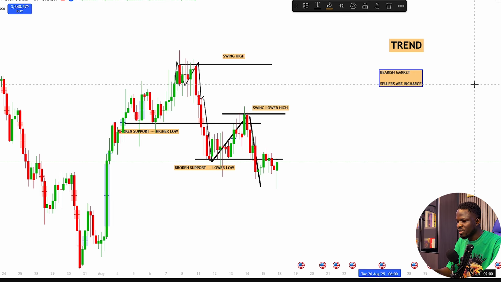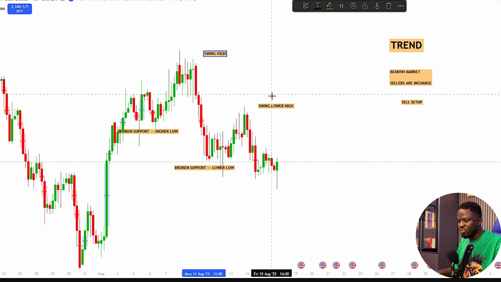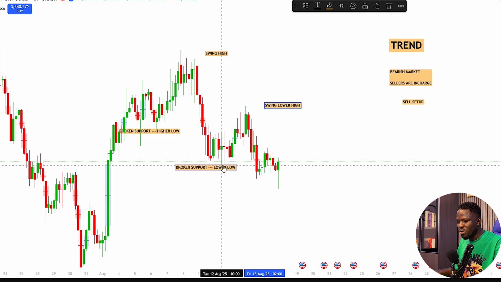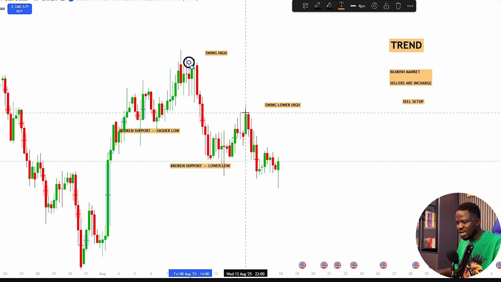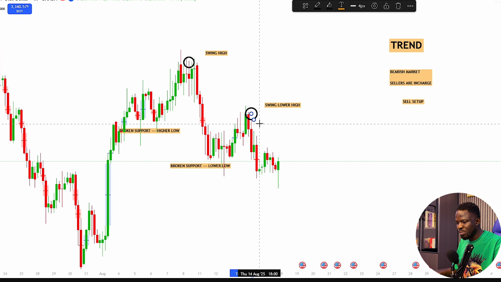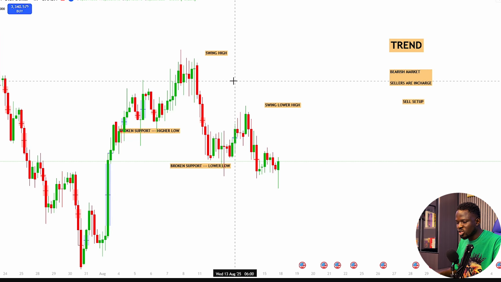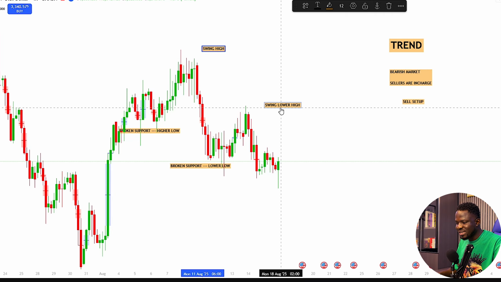The next step is to establish our trend by connecting point A to point B. And where is our point A? This place is our point A. This zone here, while this place is our point B. We want to connect the 2 points together to establish our valid trend line.